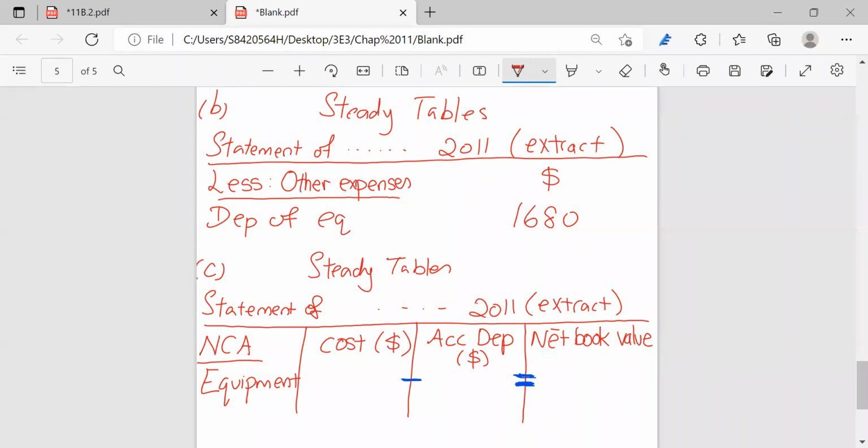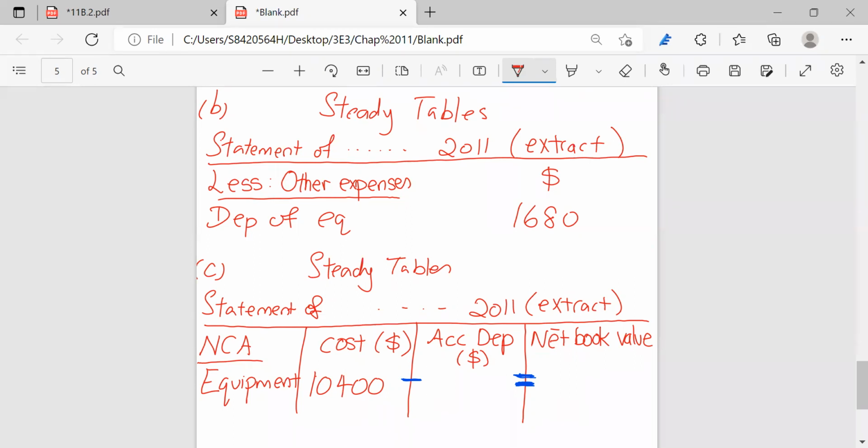So the cost price in this case is the total capital expenditure, which is $10,400. Accumulated depreciation, because we are looking at the third year, over the years you have depreciated 3 times. So your accumulated depreciation, the balance brought down, has gone up by 3 times.